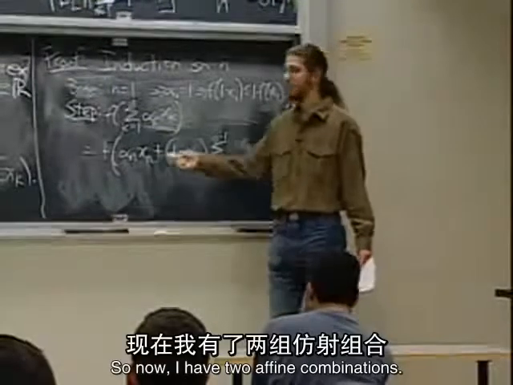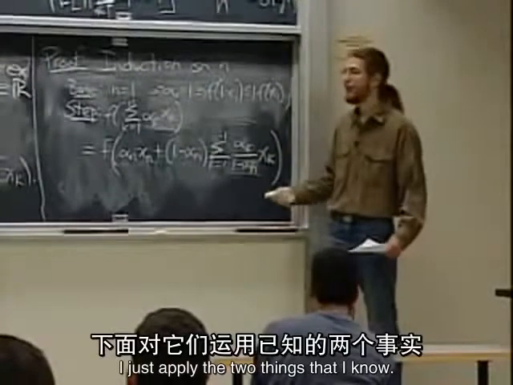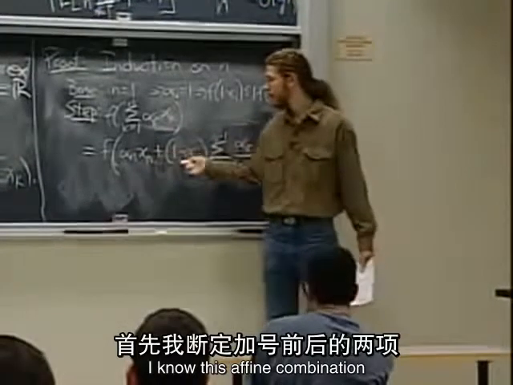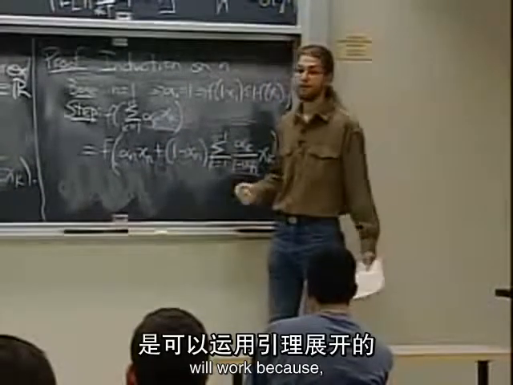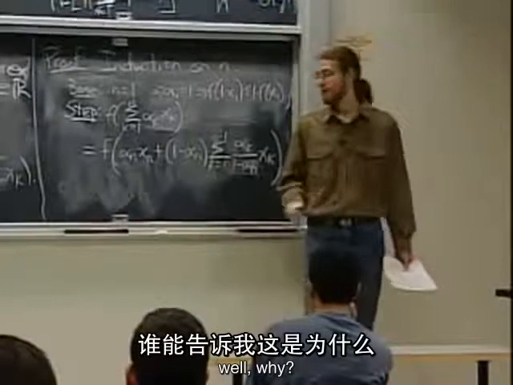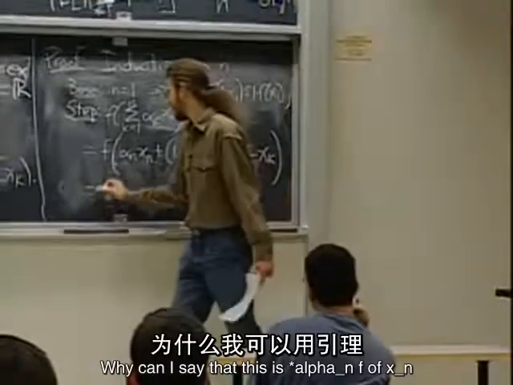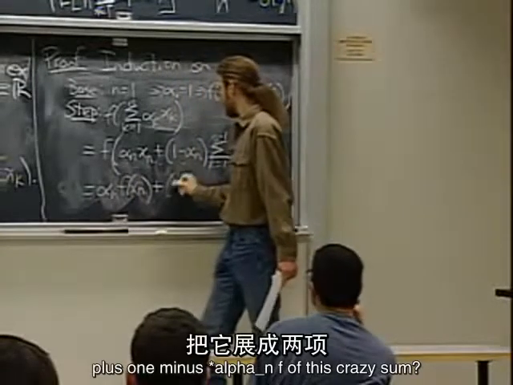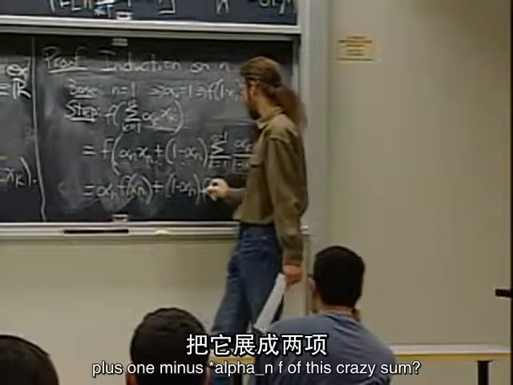So now I have two affine combinations. I just apply the two things that I know. I know this affine combination will work because, well, why? Why can I say that this is at most alpha n f of x n plus 1 minus alpha n f of this crazy sum?